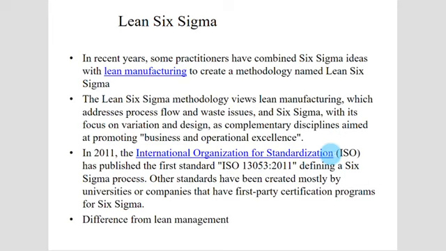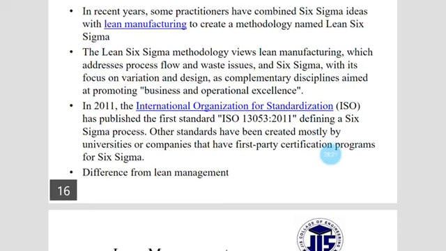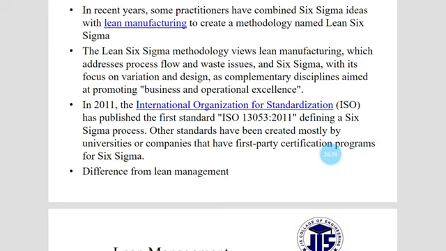The Lean Six Sigma methodology views lean manufacturing, which addresses process flow and waste issues, and Six Sigma, with its focus on variance and design, as complementary disciplines aimed at promoting business and operational excellence.